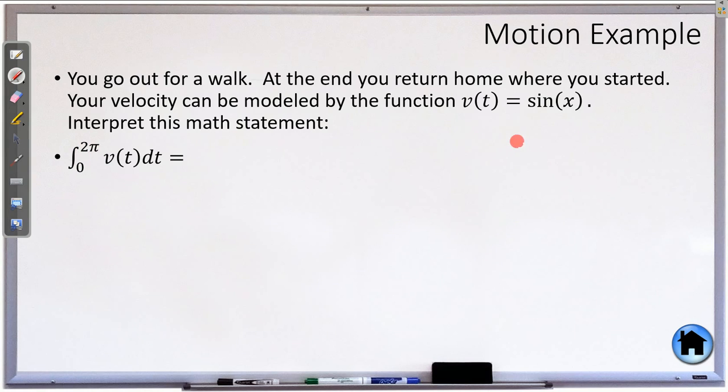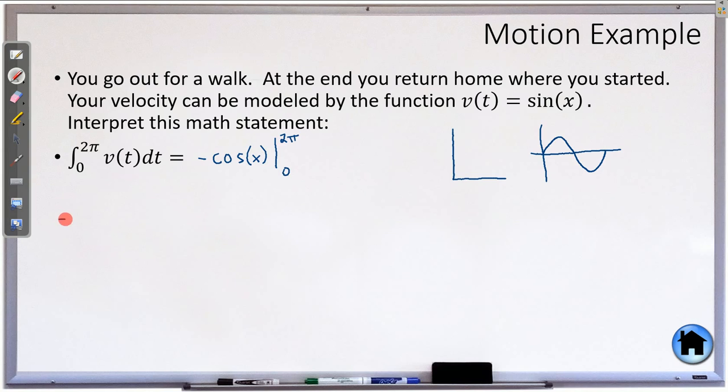All right, so think about position, think about velocity. I'm going to draw it this way because velocity is sine of x. So if I just do the definite integral. V is sine, so the antiderivative of sine is negative cosine. And we need to evaluate that from 0 to 2 pi.